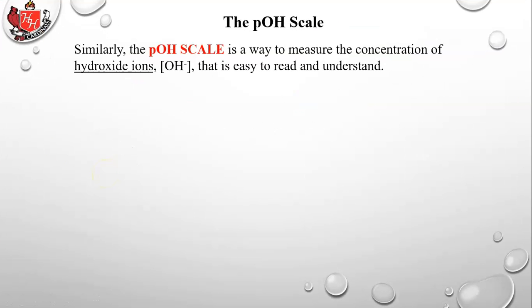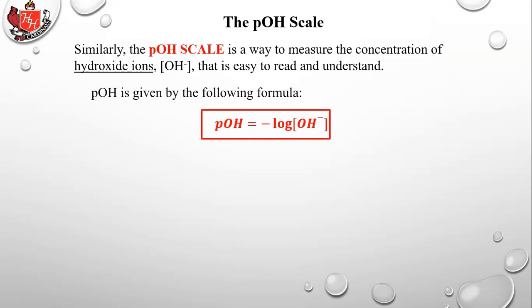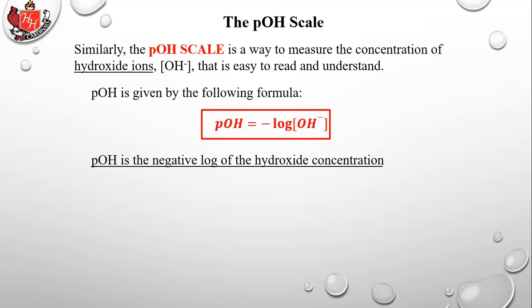Similarly, the pOH is a way to measure the concentration of hydroxide ions, OH-, that is easy to read and understand. pOH is given by the formula pOH equals negative log of the OH- concentration. pOH is the negative log of the hydroxide concentration.